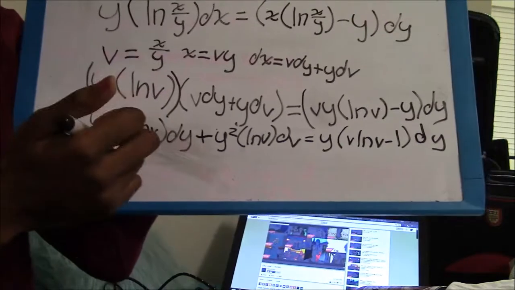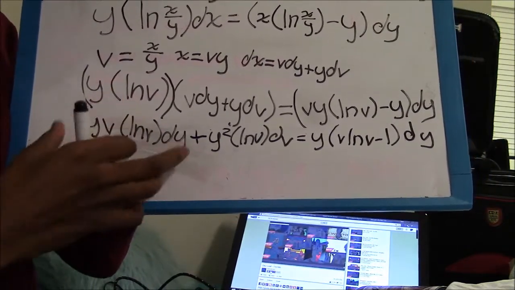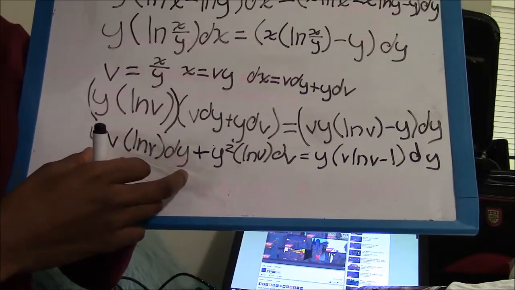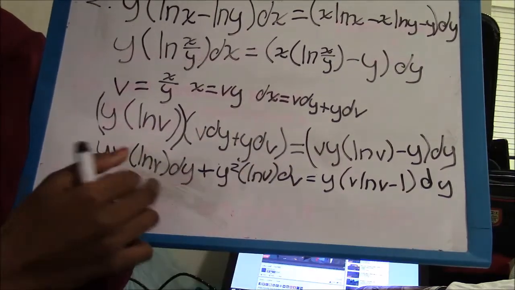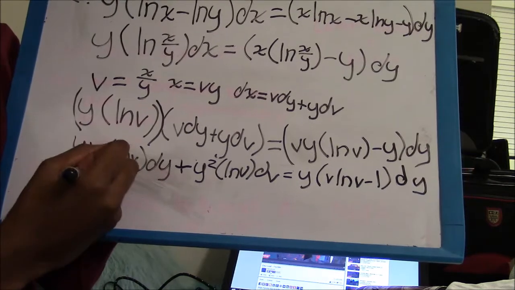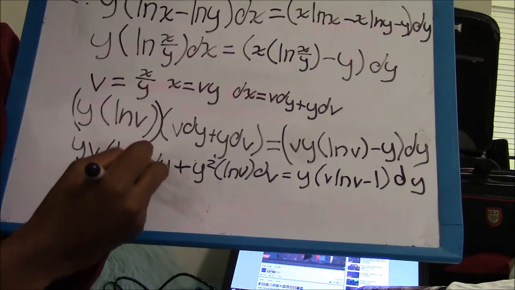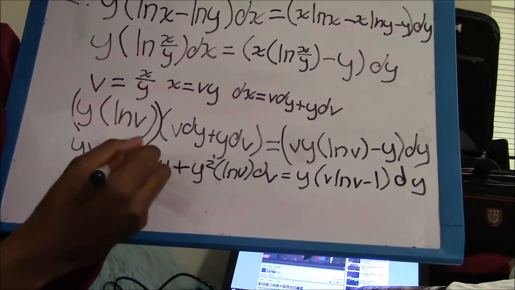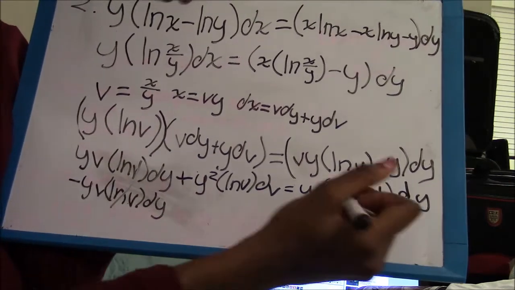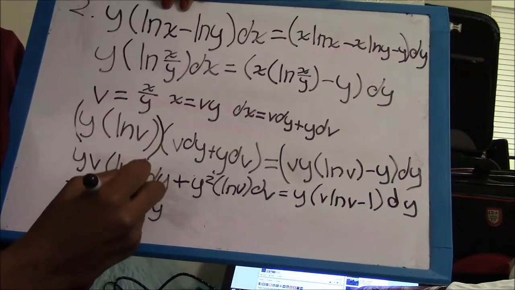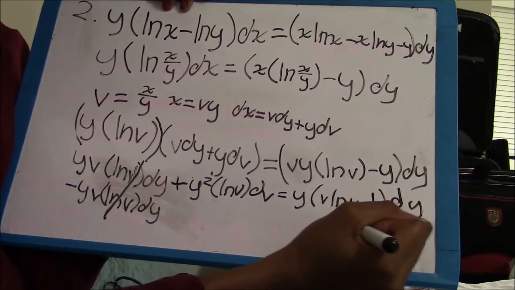So we're going to take this dy and we're going to move this over here. In order to do that, we have to subtract it from both sides. So that crosses out, and we have to subtract it from this side also.